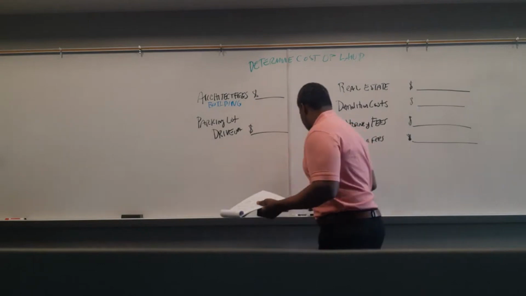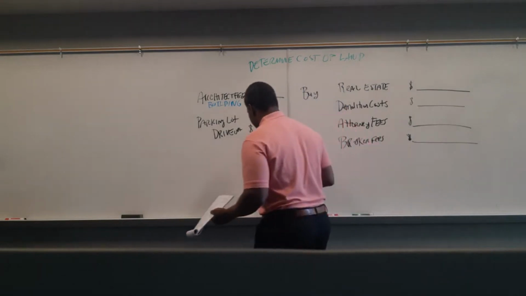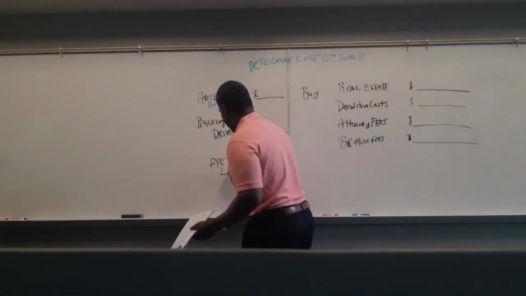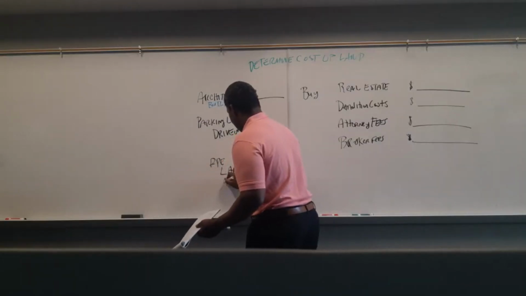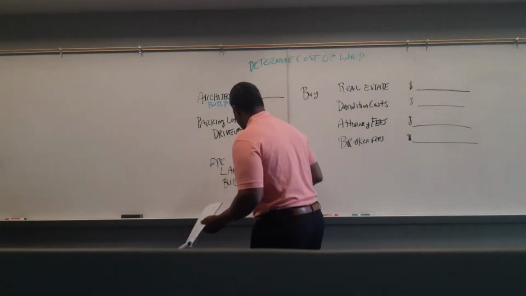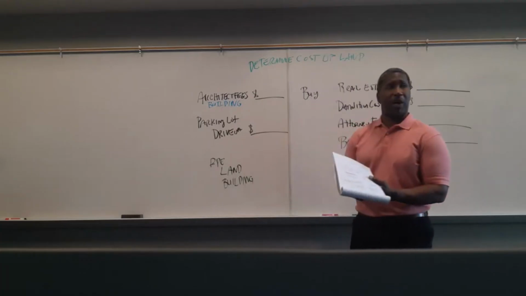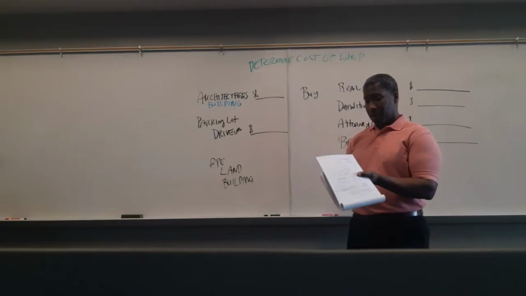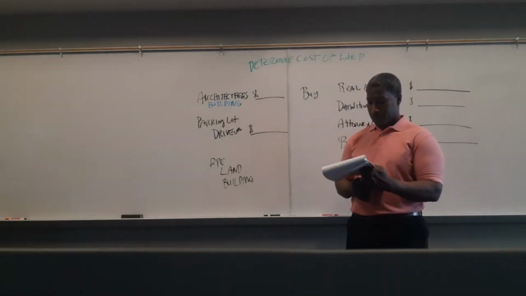If we remember, we have property, plant, and equipment. We have land and building. Those are the ones we work with, but I'm going to add another one in a second, okay? So this actually goes to the building one, okay?